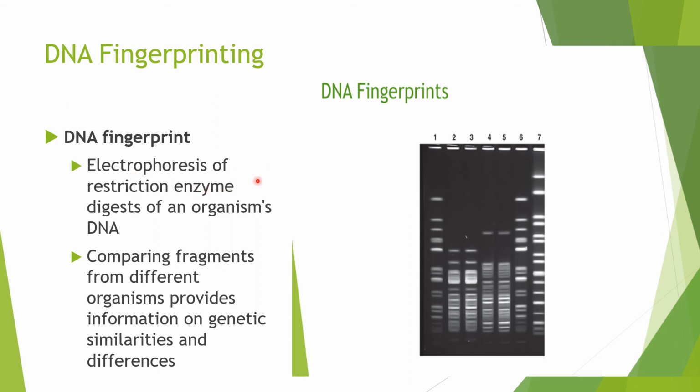You break it down with those enzymes, and you run the DNA down the gel, and then you compare. So notice how those 2 samples right here of DNA are basically identical. That would tell you that this organism right here is identical to that organism right there.